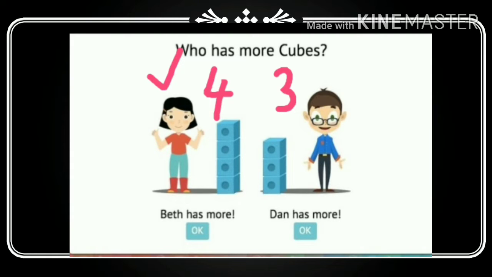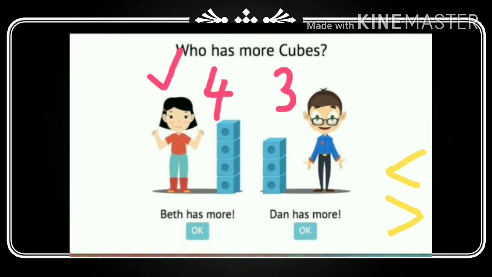Now we are going to compare these numbers with greater than or less than symbols. Now what are greater than and less than symbols? These are the less than and greater than symbols. Which is the greatest number between these two numbers? 4 or 3?